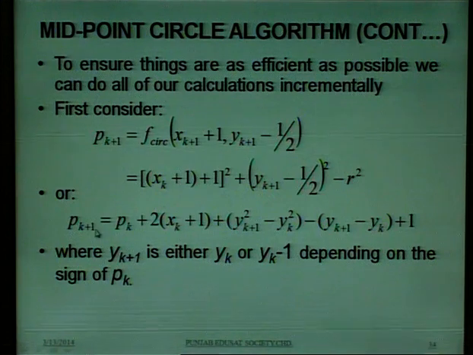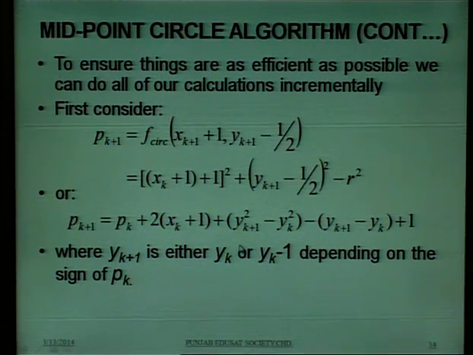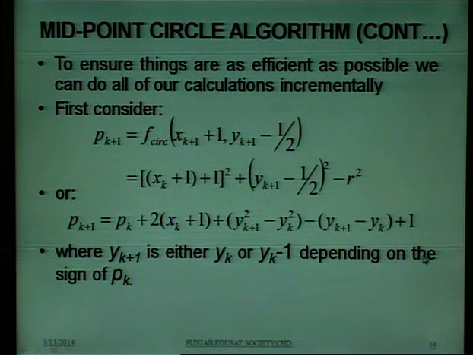Then p_{k+1} will be p_k plus 2x_{k+1} plus y_{k+1} square minus y_k square minus y_{k+1} minus y_k. So, y_{k+1} is either y_k or y_k minus 1 depending upon the sign of p_k.